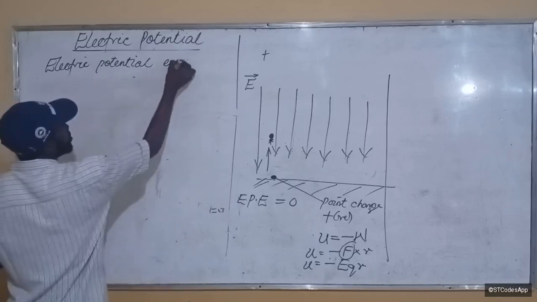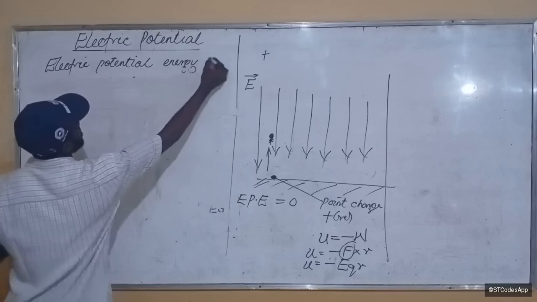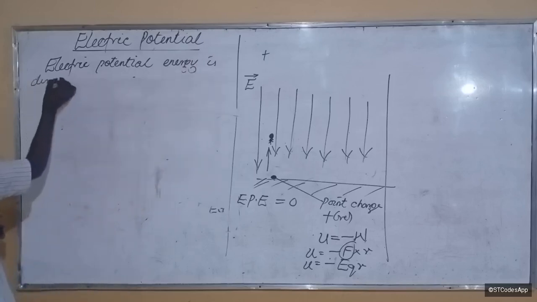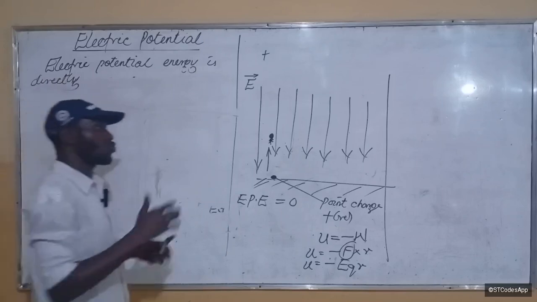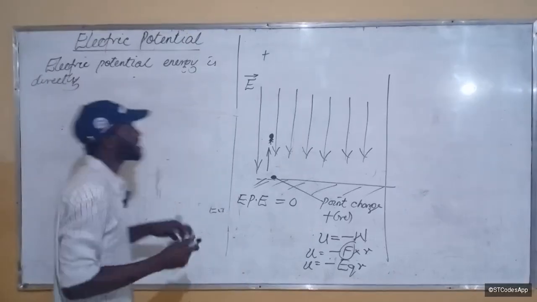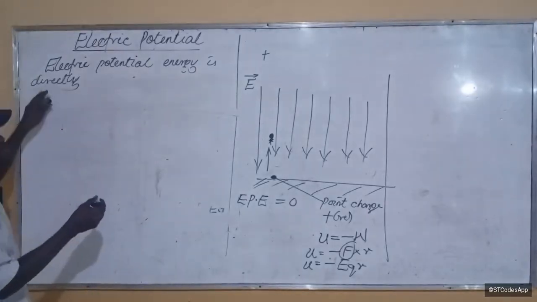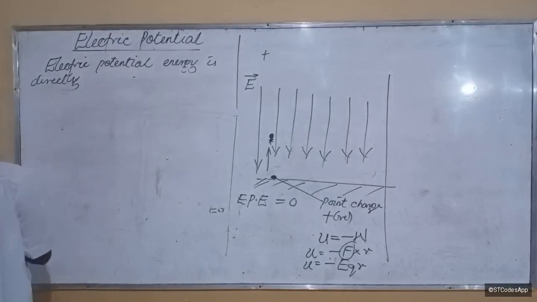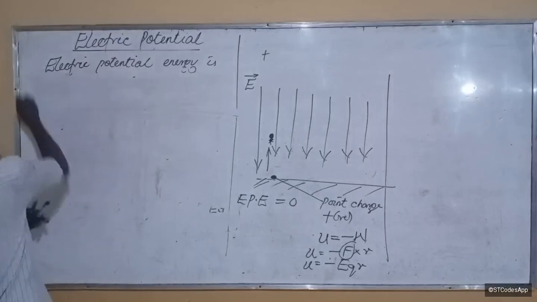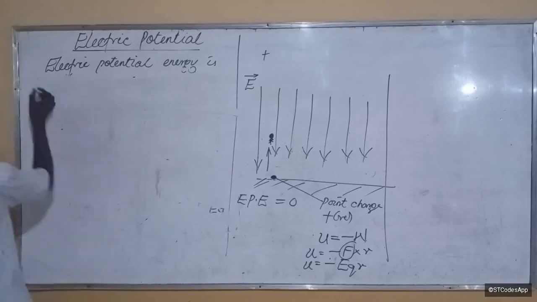Electric potential energy is proportional, but you won't say it is directly proportional to the work done. You will say it is negatively proportional. If I say it's proportional, it means it's directly proportional. So it's negatively proportional.